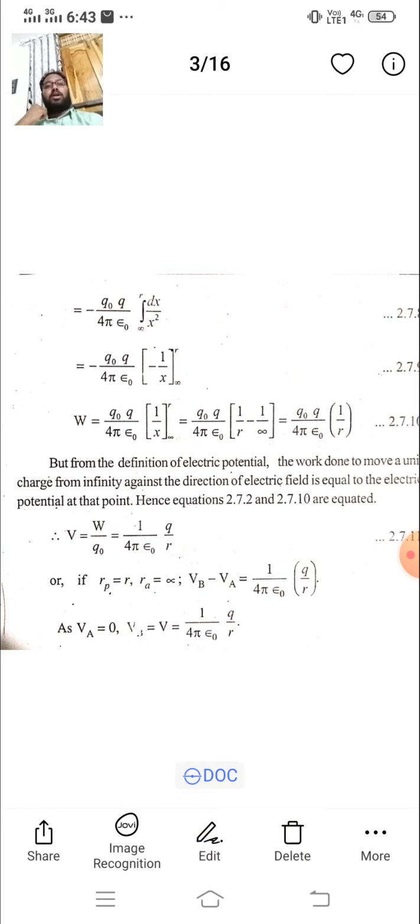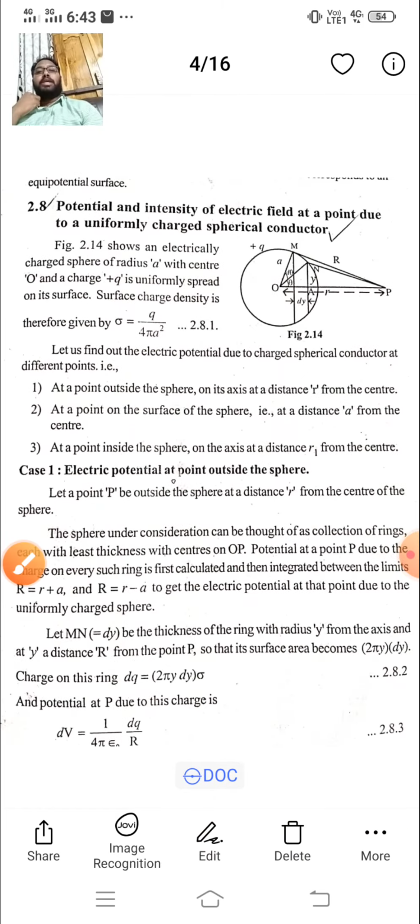The next concept is the electric potential and the intensity of electric field at a point due to a uniformly charged spherical conductor.